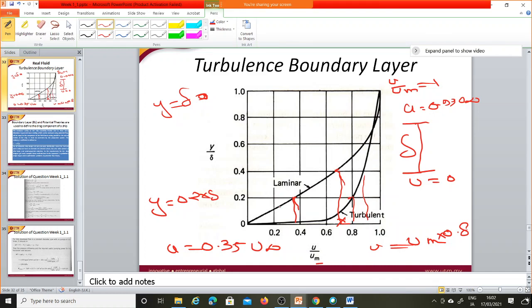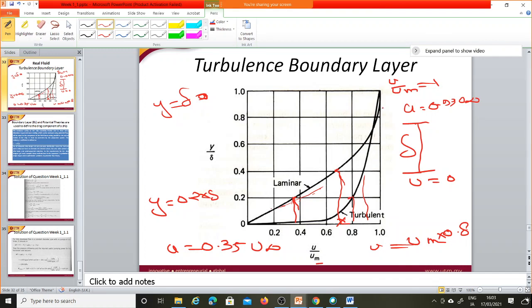You can see the change in laminar is gradual, almost linear. In case of turbulent, there is a sharp change because the velocity gradient is higher. The change does not take place here but suddenly, and then it exceeds. You can see it exceeding here. It means the thickness is higher than the laminar layer, already attained here.